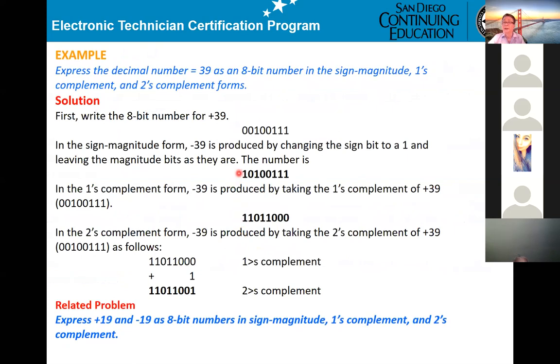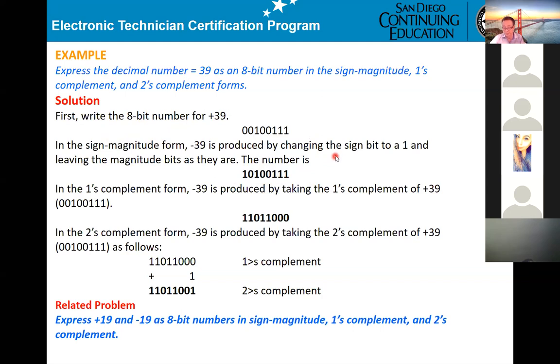Okay, now express the decimal number 39 as an 8-bit number in sign magnitude, first complement and second complement. That means we try to do all three things I just brought up to you. First, the 8-bit number 39 is 00100111. If you do the calculation, you get 39.